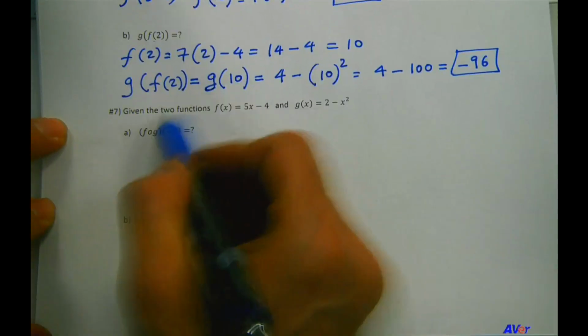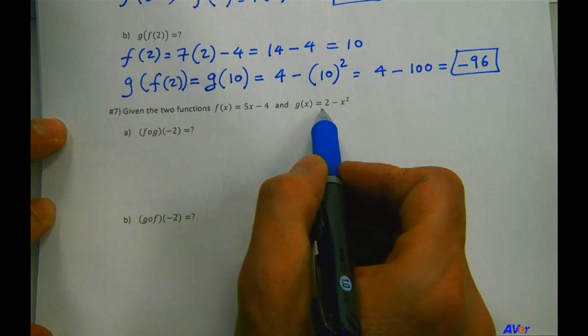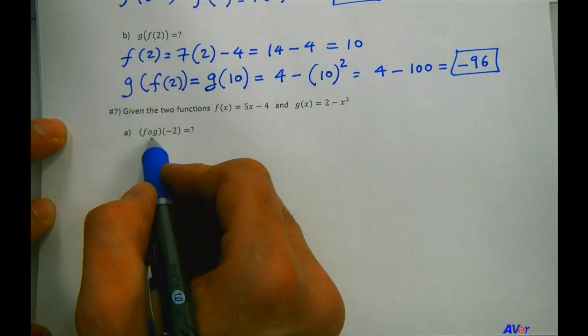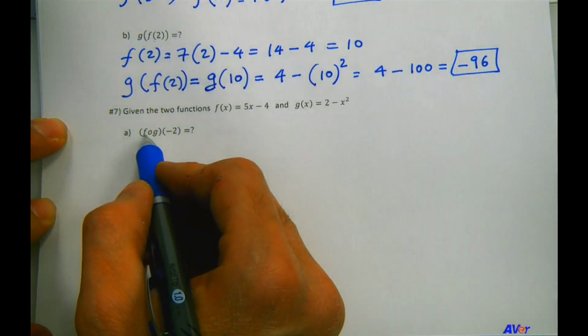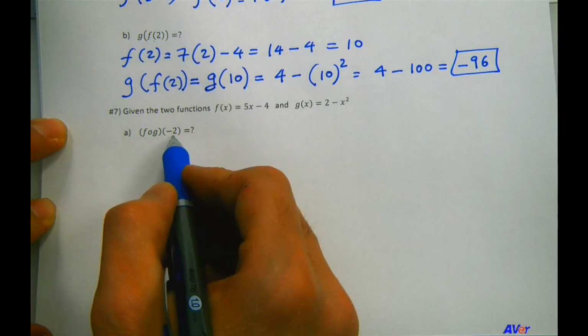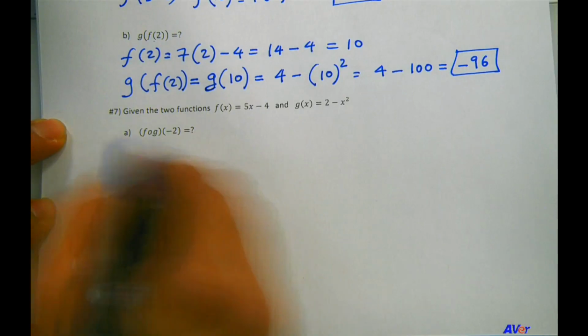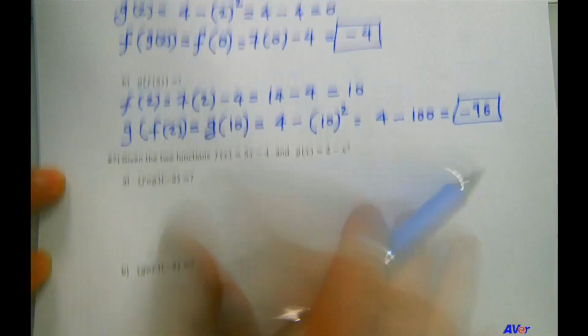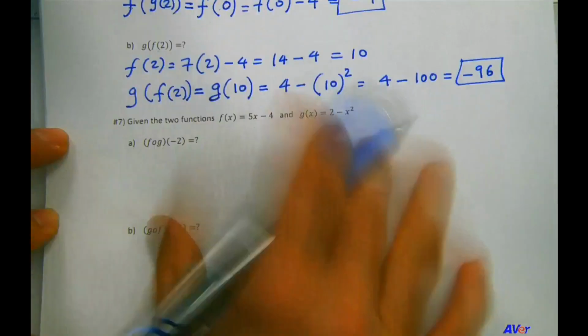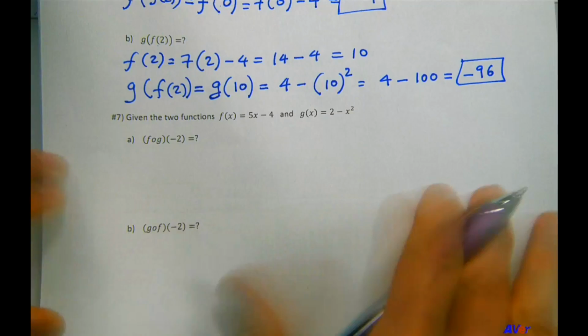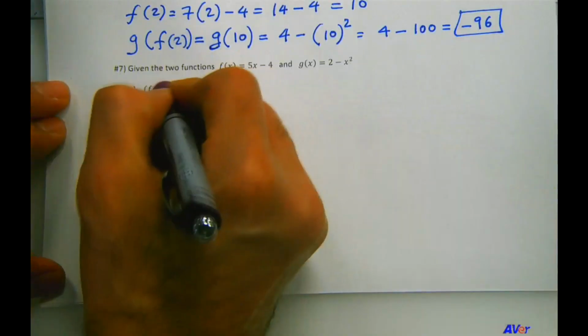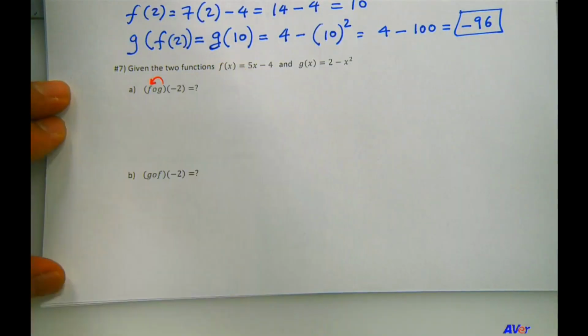Okay, so given two functions f and g, we want to find the composition of f and g at -2. This is using a different notation, but it's the same thing. Here and here, we know that the second function always gets placed inside the first one.